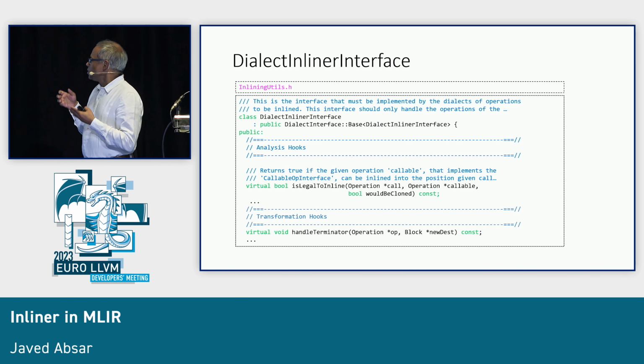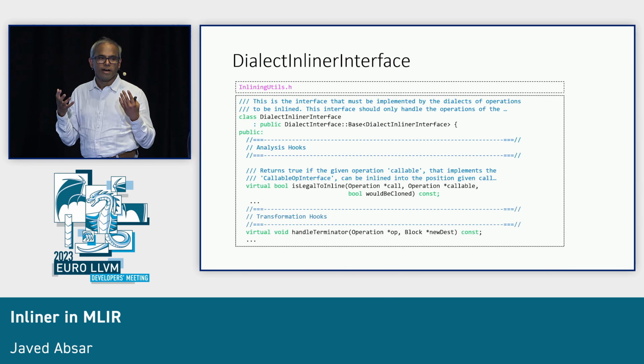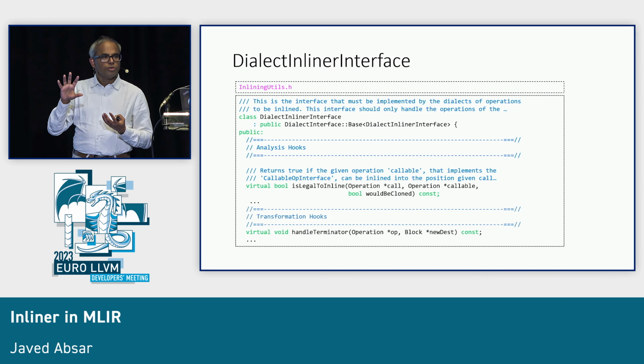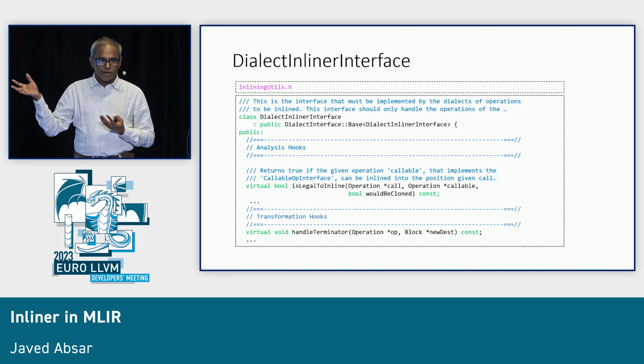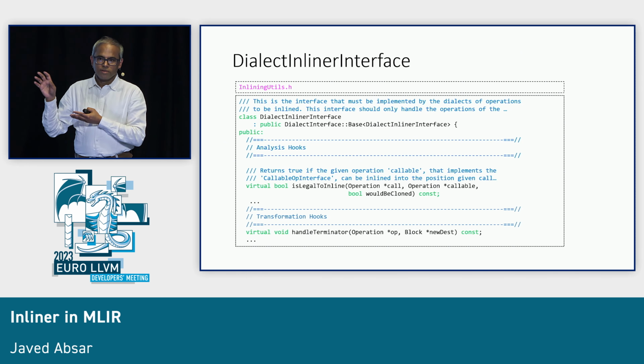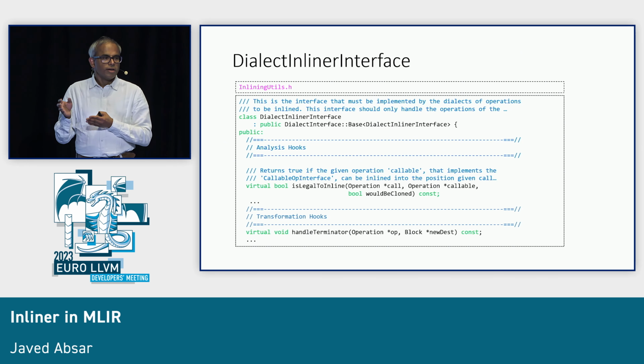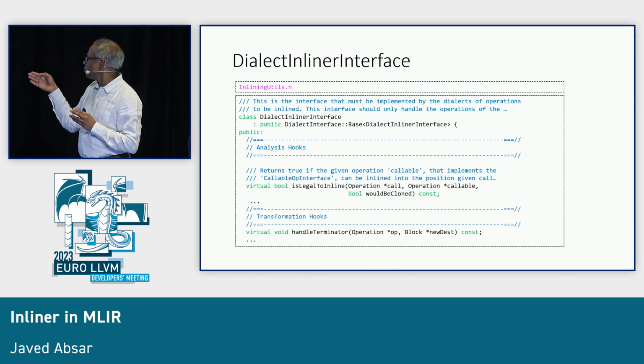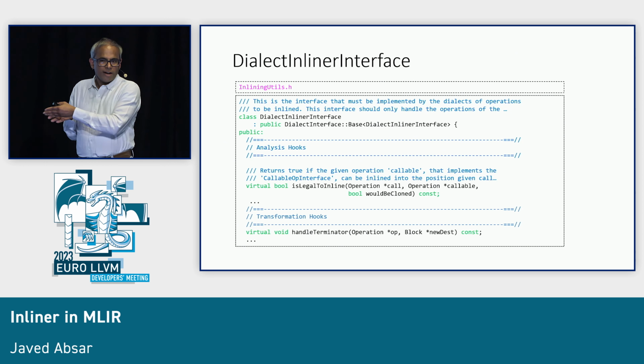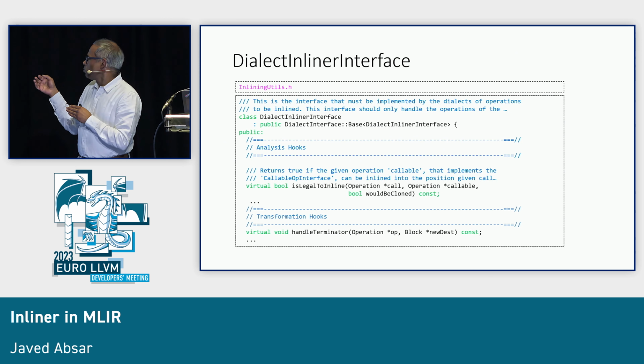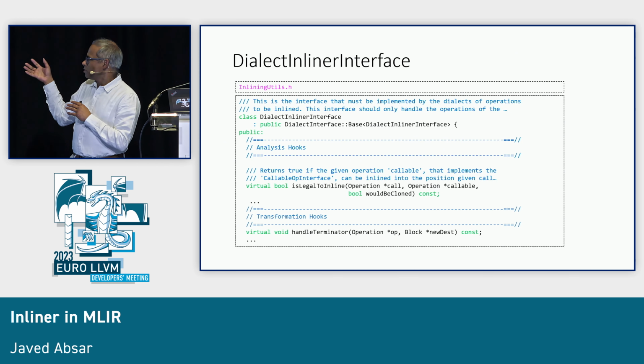And it has two parts to it. When you're writing the inliner, you want to know, is it OK to inline? Is it legal to inline? And the actual dialect answers yes. OK, fine, I want to inline it, but I don't know how to handle this aspect. So for example, here, I can't handle this part of the terminator. Can you tell me how to do it, right? We'll see a little more on these things. So it defines these two hooks.